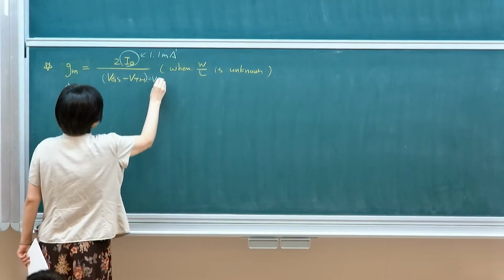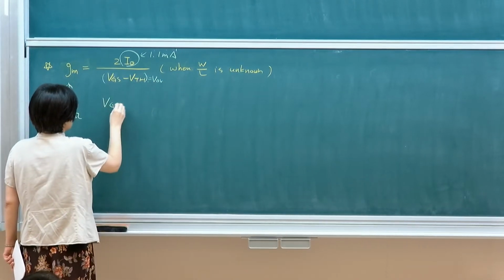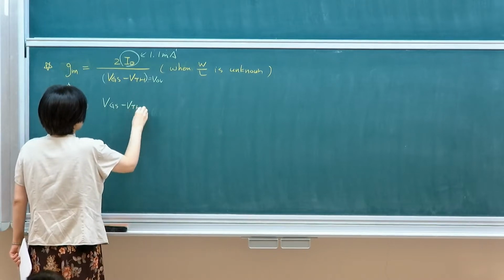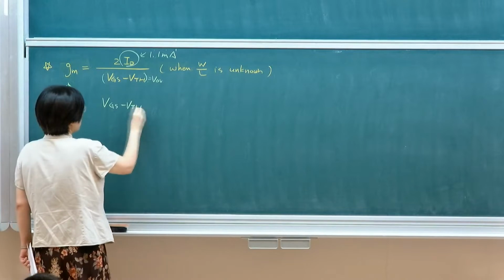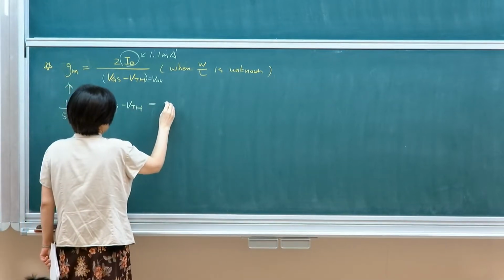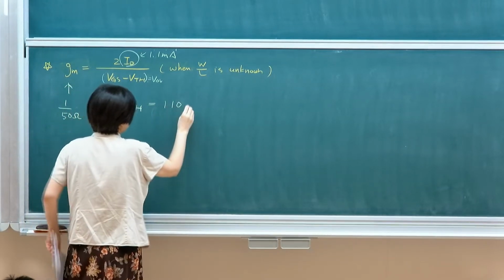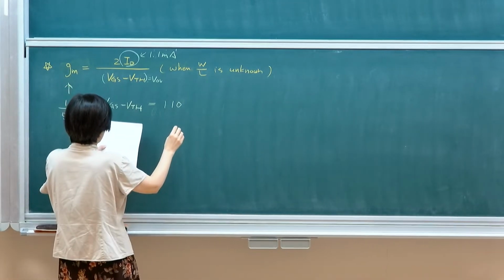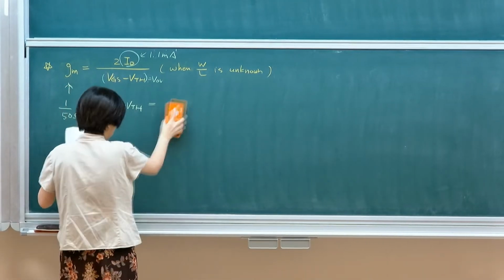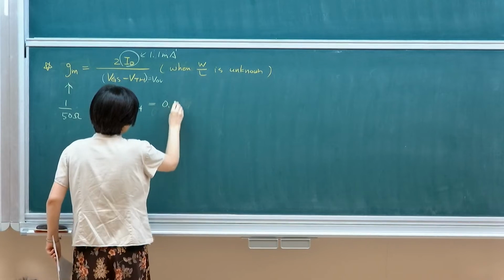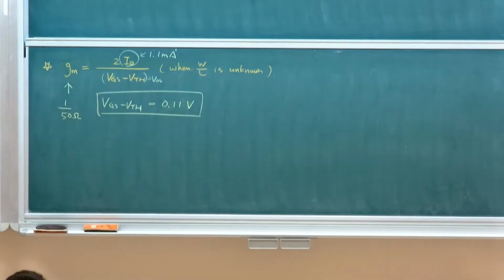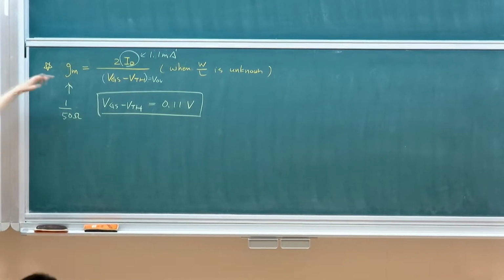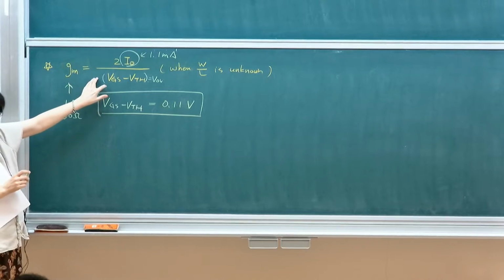This is VOV. So we know VGS minus VTH, by these two numbers, we should be able to get your overdrive as 110, so let me make sure I got it, 0.11 volt. So you get this simply by setting up my current. And when this current is fixed, GM is fixed, your overdrive is fixed.